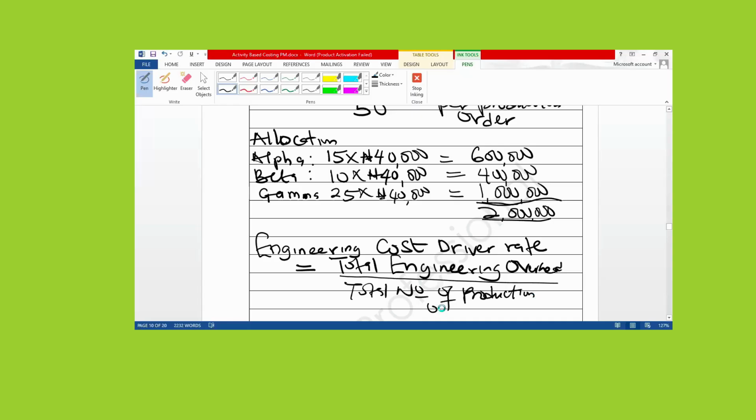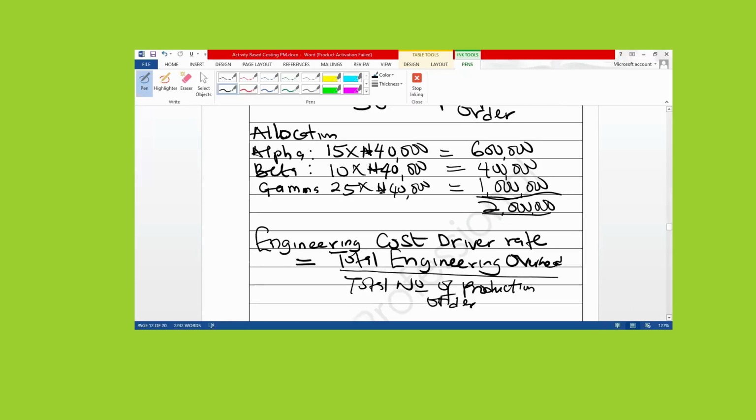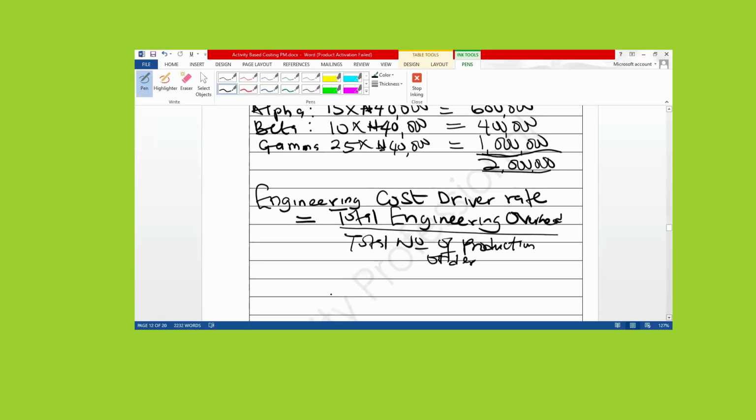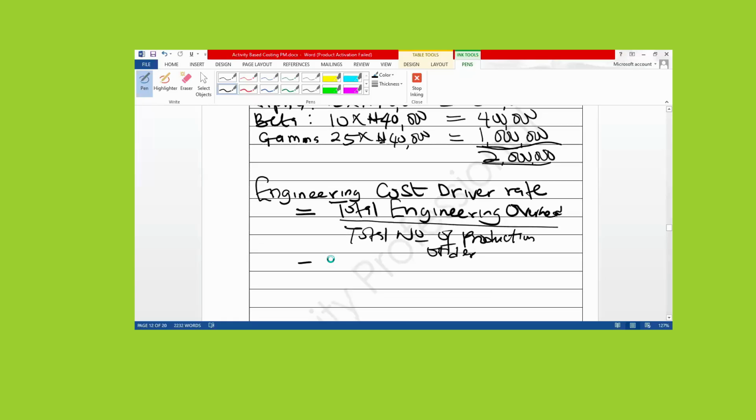That was the examiner's position. He said your engineering overhead, the cost driver is also production order. Total engineering overhead, 1.8 million.